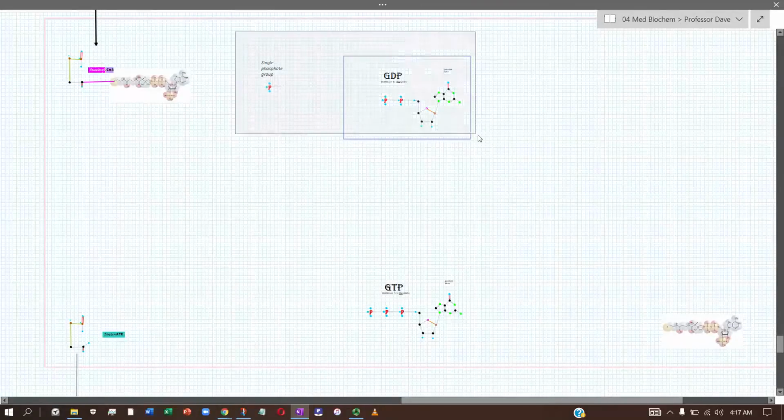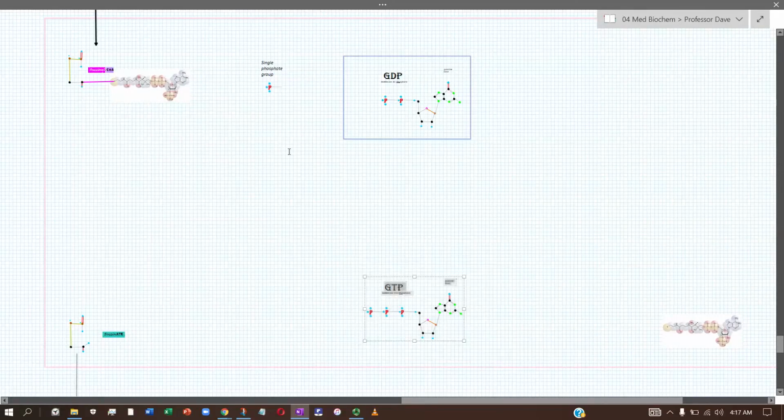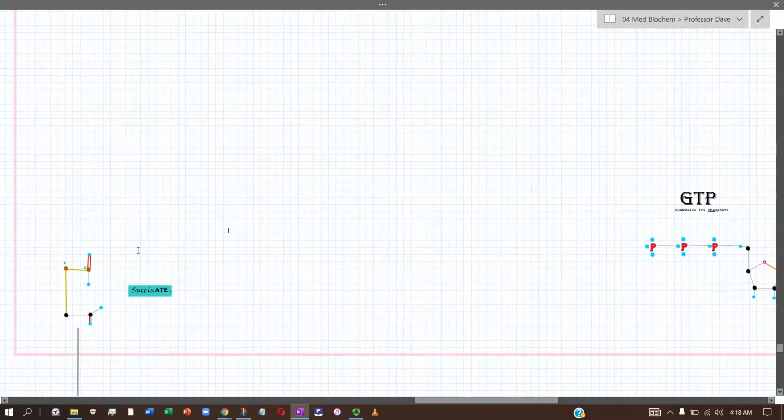And essentially what happened is that this step created a GTP. This single phosphate group became bonded to the GDP, and you get GTP. But what really matters is what happened with the succinyl-CoA. It created this molecule down here, succinate.